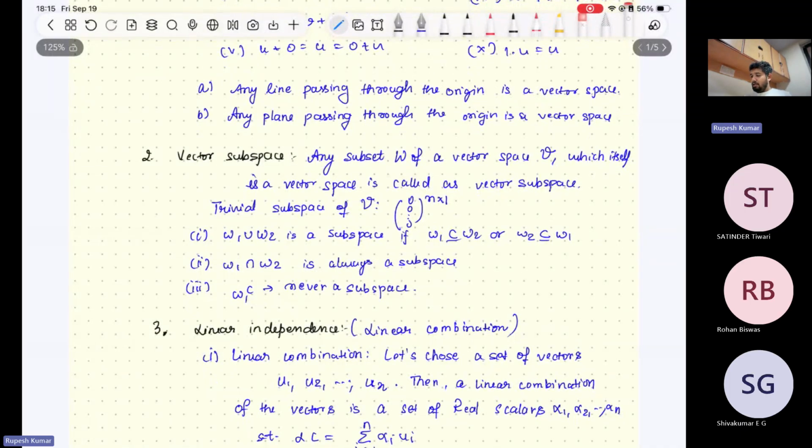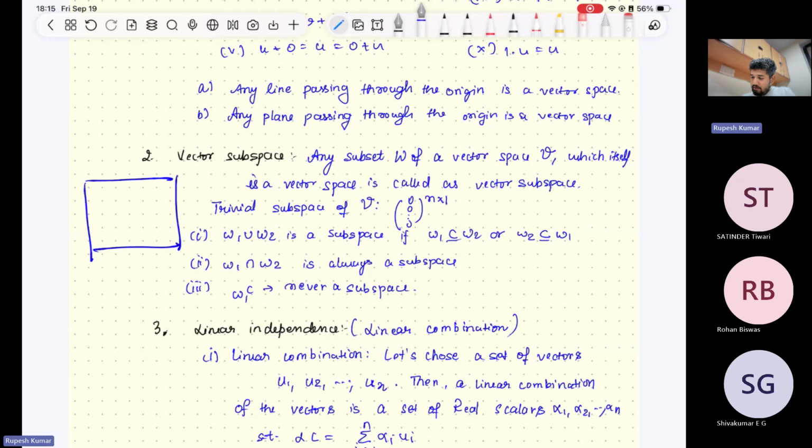Then vector subspace: any subset W of a vector space V, which itself is a vector space, is called a vector subspace, right? For example, let's say, the Venn diagram looks like this.